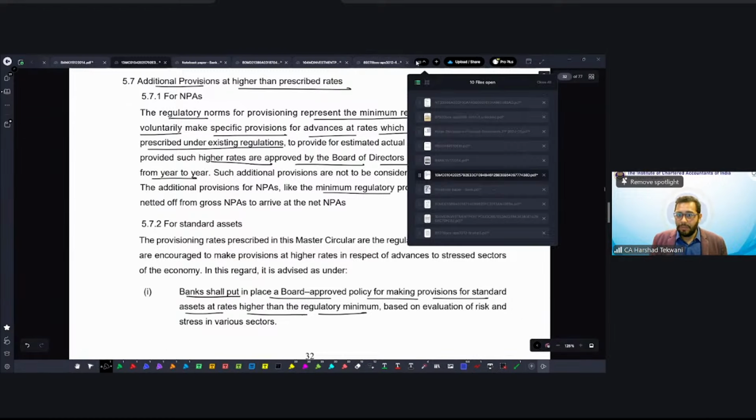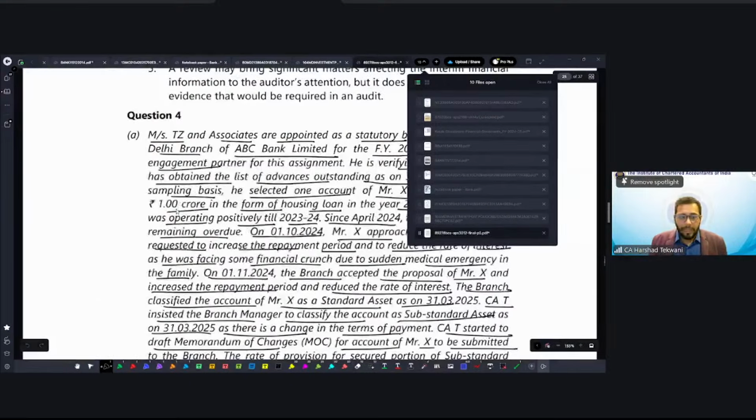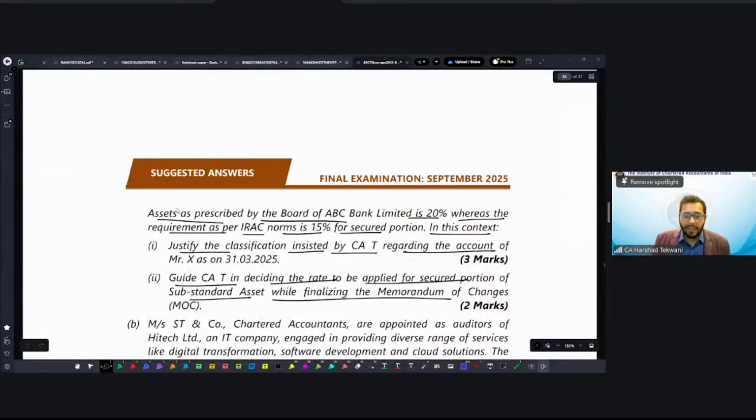So in our question, it was given that this is approved by the board of ABC Bank Limited, which is 20% more than the minimum rate. In that case, that rate should be followed, not the 15%.